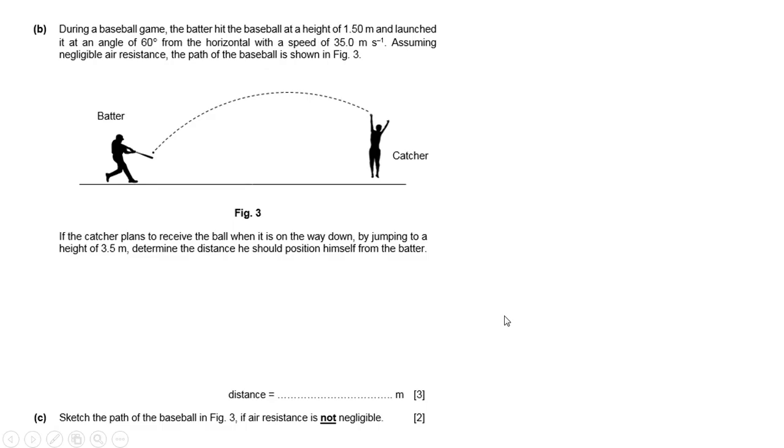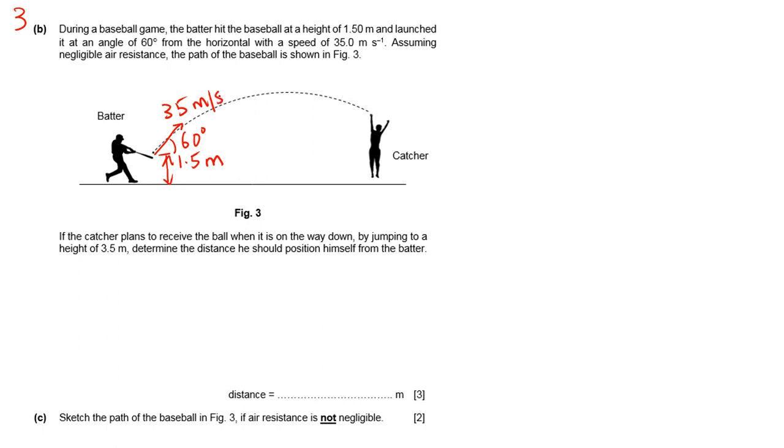Okay, next question. Question 3b. In this question, the batter hit the baseball at a height of 1.5 meters, therefore this should be 1.5 meters. The baseball was hit at an angle of 60 degrees at a speed of 35 meters per second.